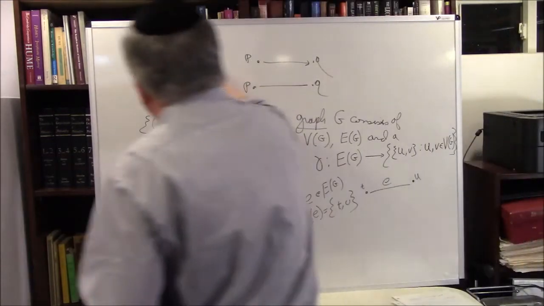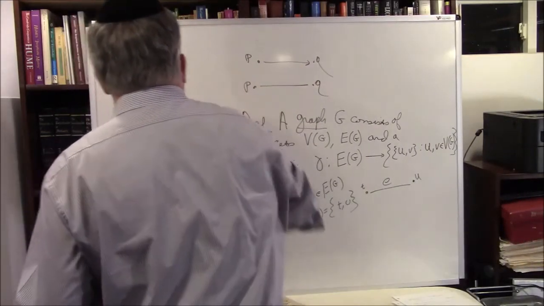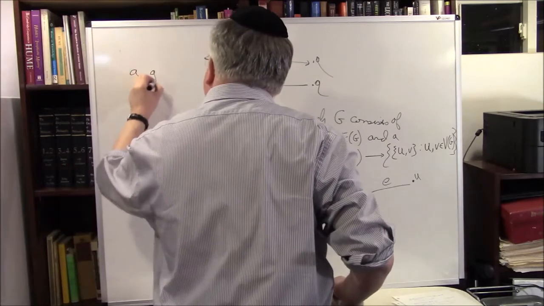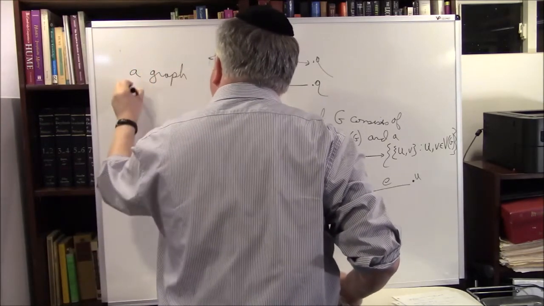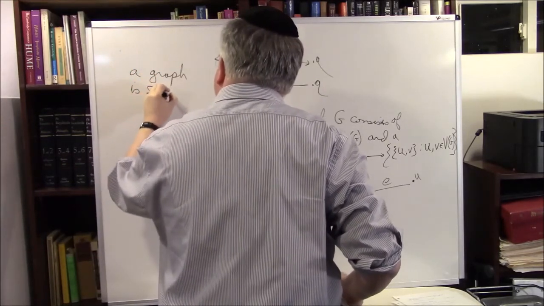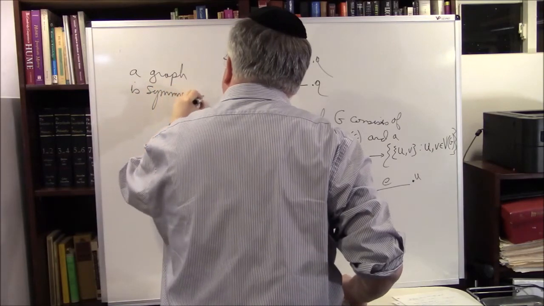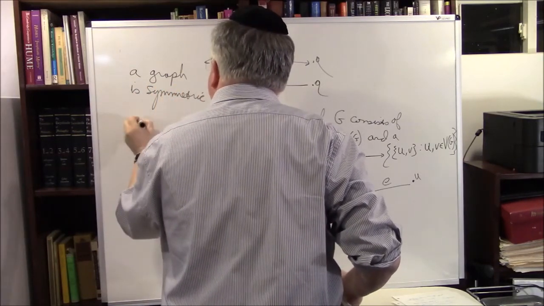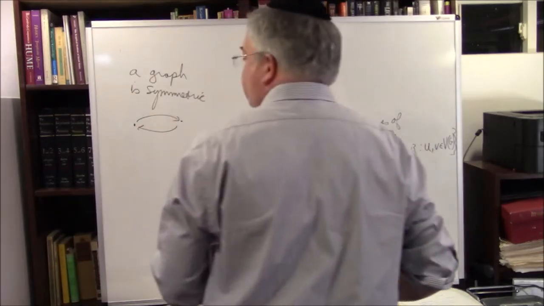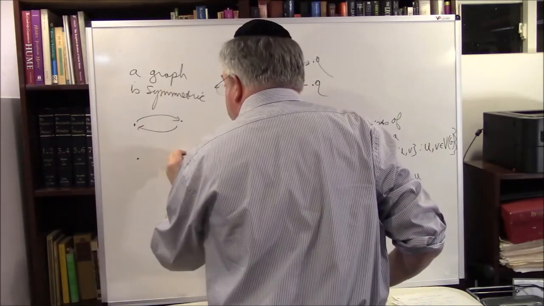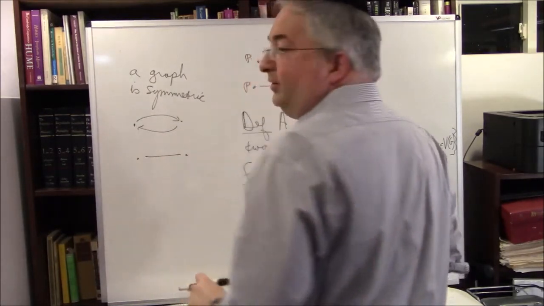Okay, next. A graph is symmetric, which means every time there's an edge like this, there's an edge like this. And we can write symmetric graphs, we saw this before, like that.